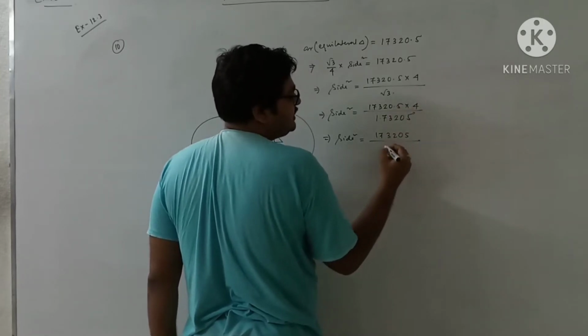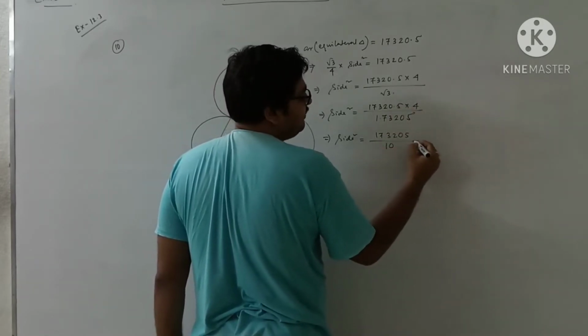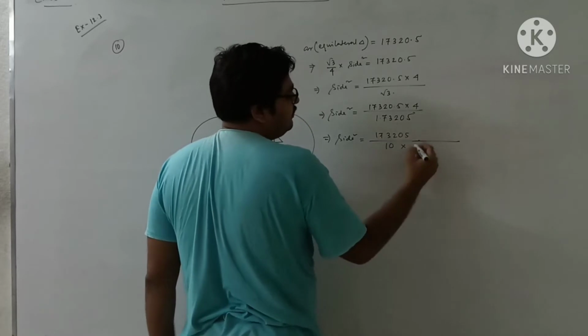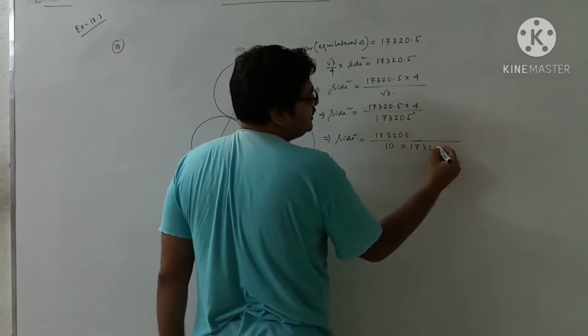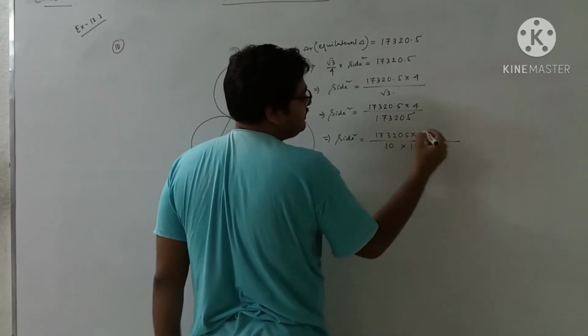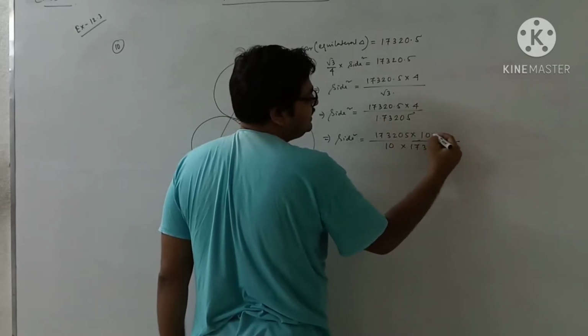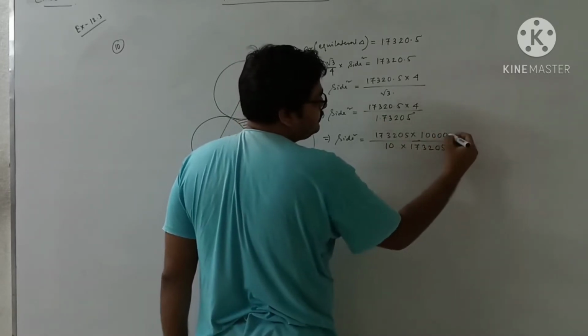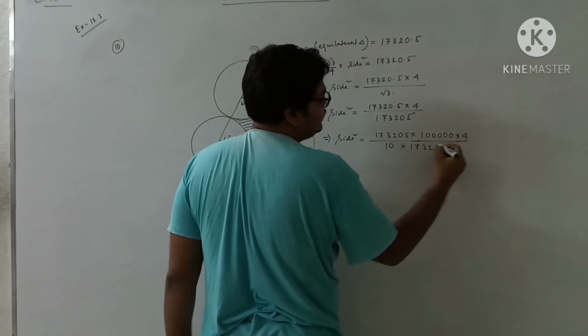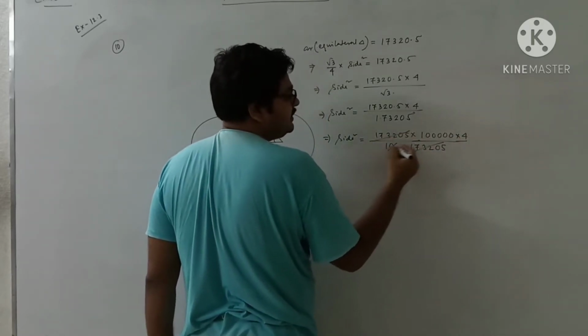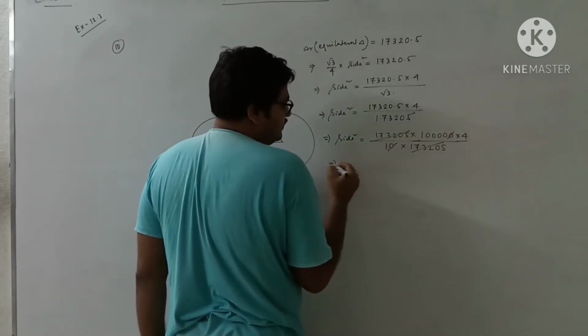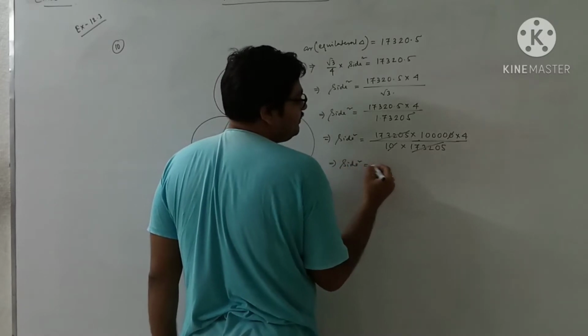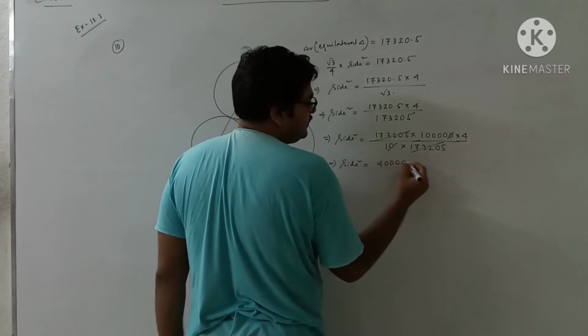One decimal point we are just omitting from the numerator, so 10 is coming as the denominator. From the denominator, the decimal point we are just omitting. So for this decimal, 5 digits are there, so 5 zeros into 4. Calculation. So after 4, how many zeros? 4 zeros.